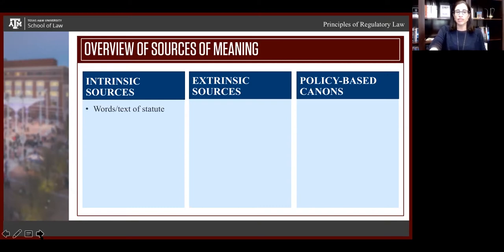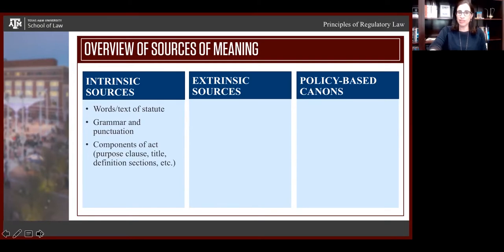For intrinsic sources, our starting point is always the words or text of the statute. We also look at grammar and punctuation, the components of the statute, such as the purpose clause, the titles, or the definitions section, and different linguistic canons that we're going to talk about in much more detail.